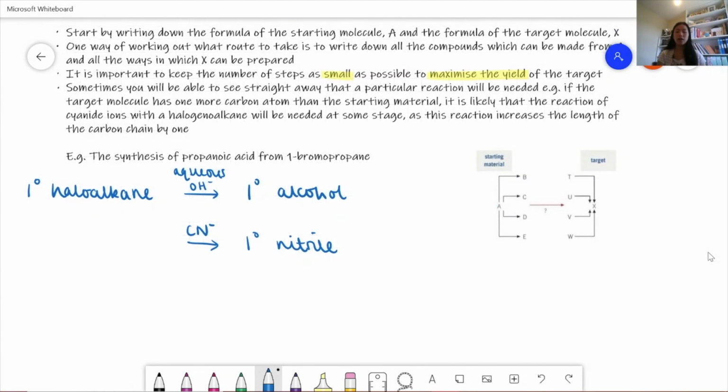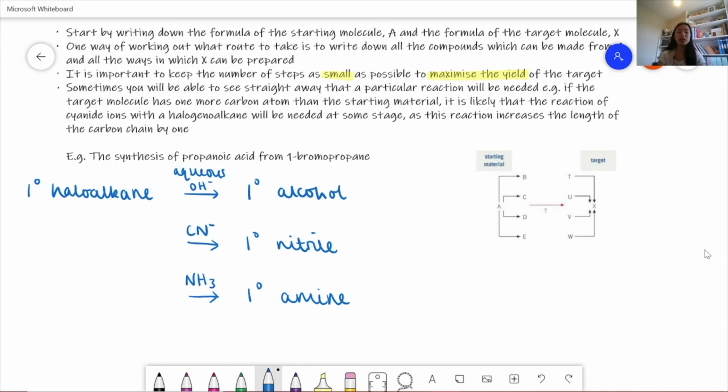And then thirdly, I can also use ammonia as a nucleophile. So if I add ammonia, then I can form a primary amine. Because if you remember the nucleophilic substitution with ammonia, we have a second ammonia nucleophile that comes and attacks, and so we remove one of the hydrogens off the NH3 to form an amine, which is NH2.